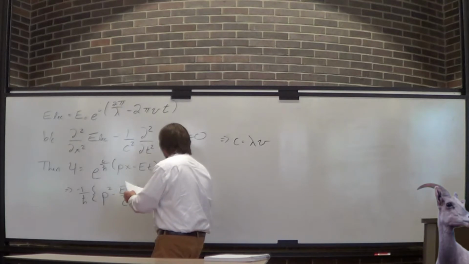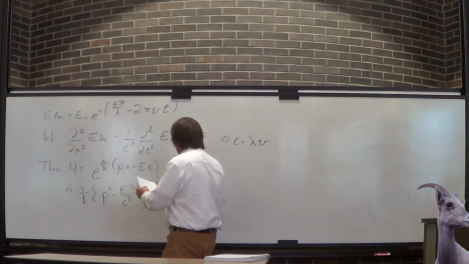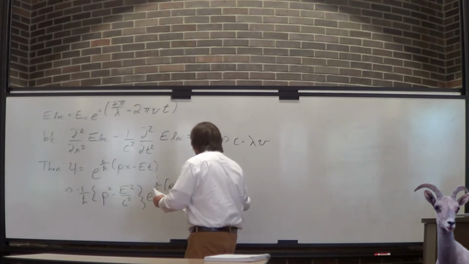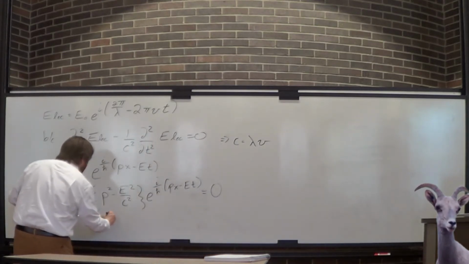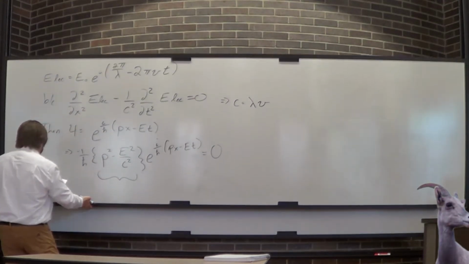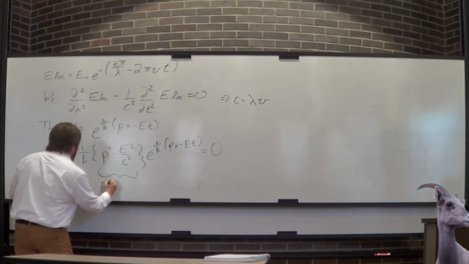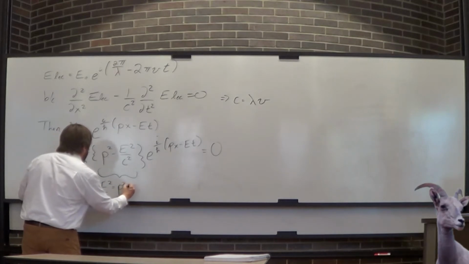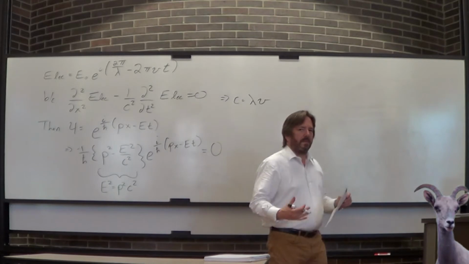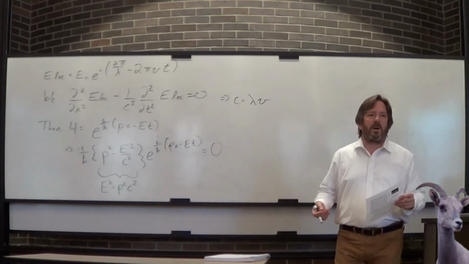I'm just writing the wave equation again. The wave equation isn't zero. It can be zero, but maybe just temporarily. So therefore, all this is zero. And what you get out of that is E squared is P squared C squared, which is the theory of relativity for a massless particle.